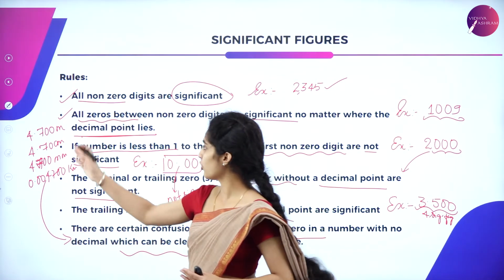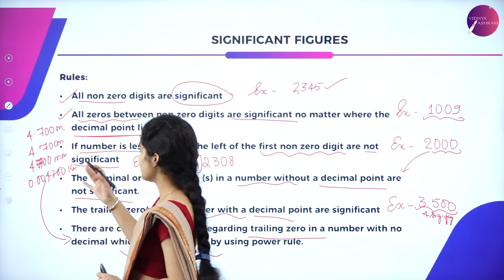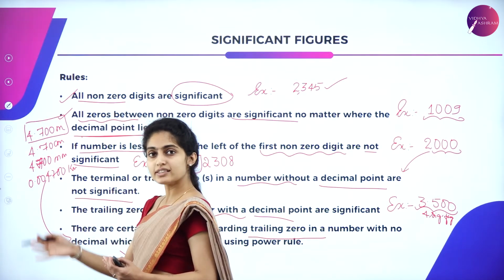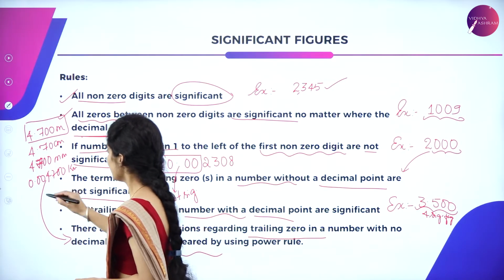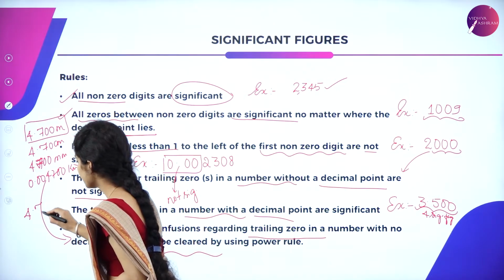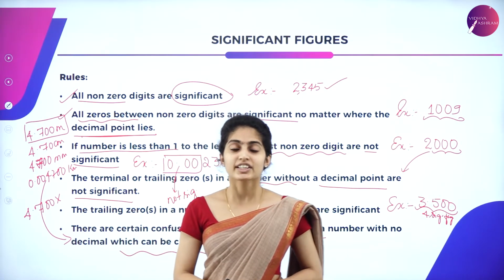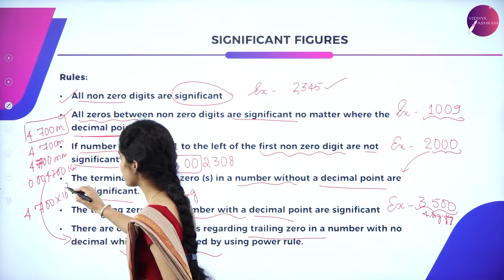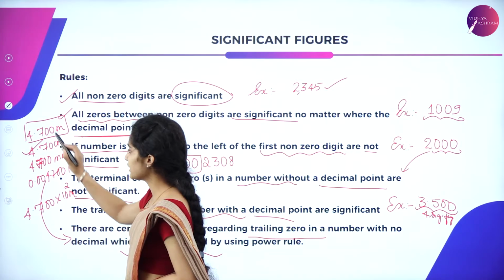So how will you change all these to the power rule? Instead, 4.700 meters is the main measured value for us. This has to be converted into centimeters, millimeters and kilometers. If I have to convert it to centimeters, 4.700 into 10 to the power 2. Okay, so centimeter is done.